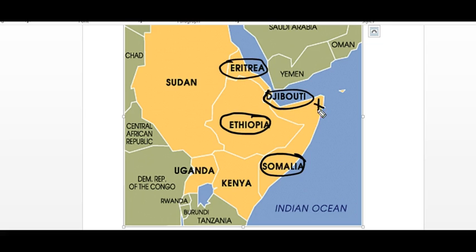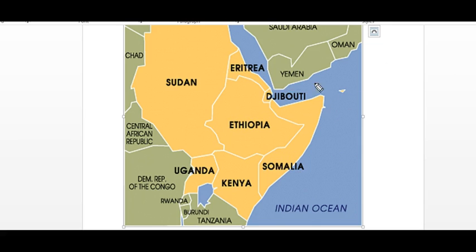So the 4 nations occupy the Horn of Africa. Now you can see this is the Red Sea and this is the Gulf of Aden, and this entry point is called Bab el Mandab.